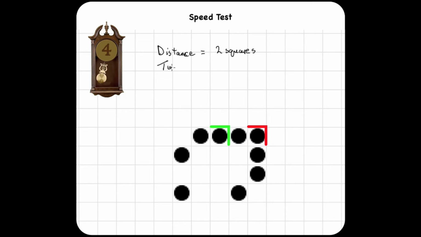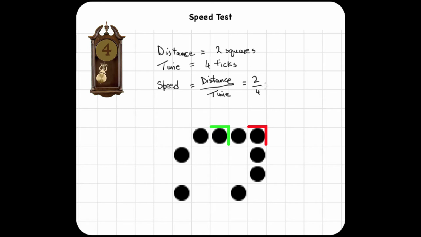And what time did it take to do that? 4 ticks of the clock. So what's the familiar speed formula? It's distance divided by time. So in this case it's 2 divided by 4, which is 1/2.